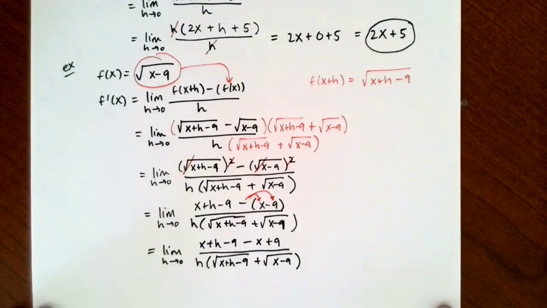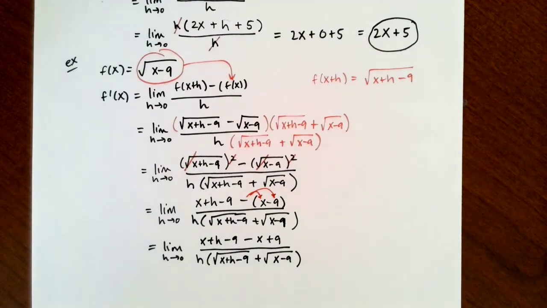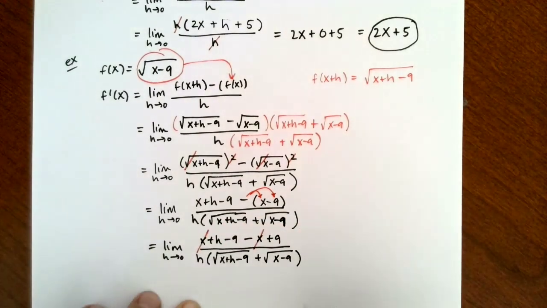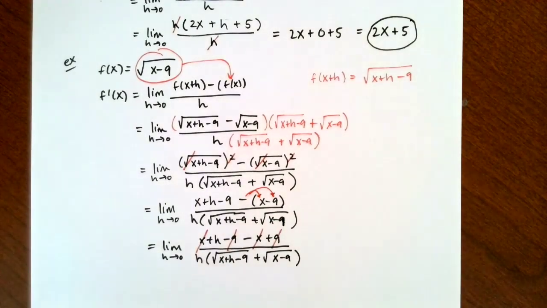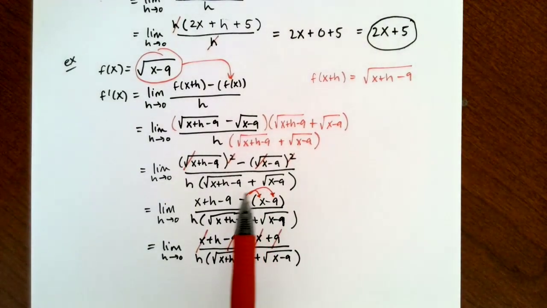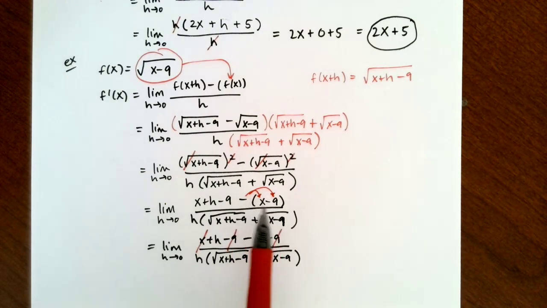And in this numerator, finally, we're seeing some of the cancellation that the previous problem had. So I have x minus x gone, minus 9 plus 9 gone. A good way to catch this kind of subtle minus sign parentheses issue is if your constants don't cancel, right? If we had minus 9, that'd be a red flag that we missed something earlier on.